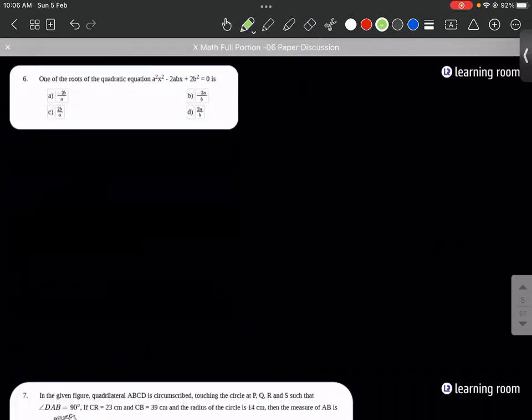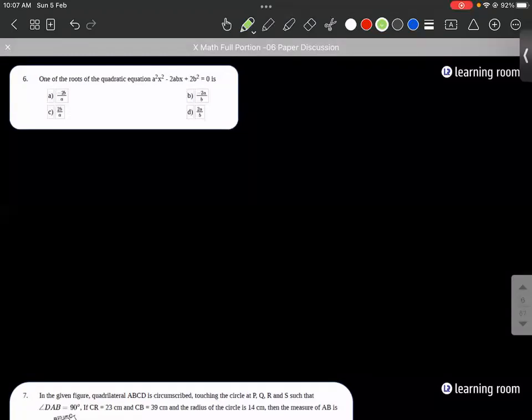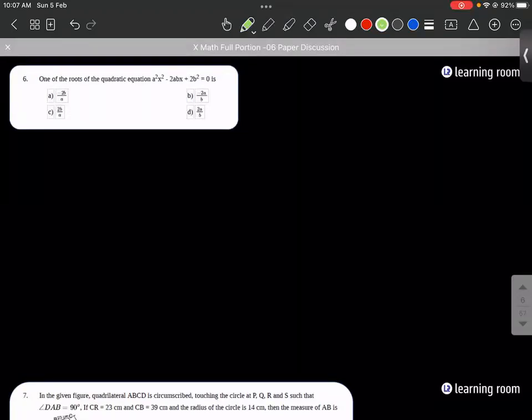What about the sixth one? One of the roots of the quadratic equation a square x square minus 2abx plus 2b square is equal to 0 is. So I can take out ax common, ax into a minus 2b, or can I write it as a square x square minus abx plus 2b square is equal to 0.